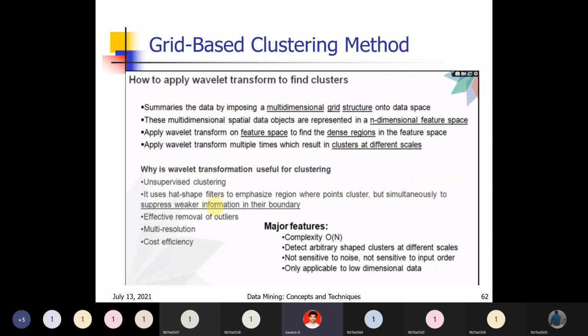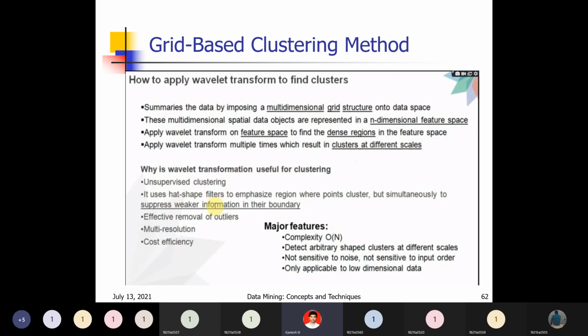How to apply wavelet transform to find clusters? It summarizes the data by imposing a multi-dimensional grid structure onto the data space. It allows up to 20 dimensions.